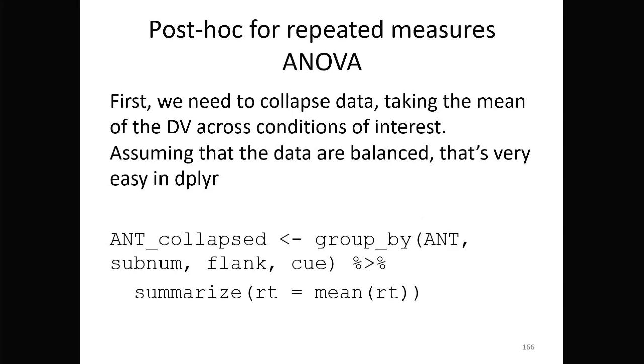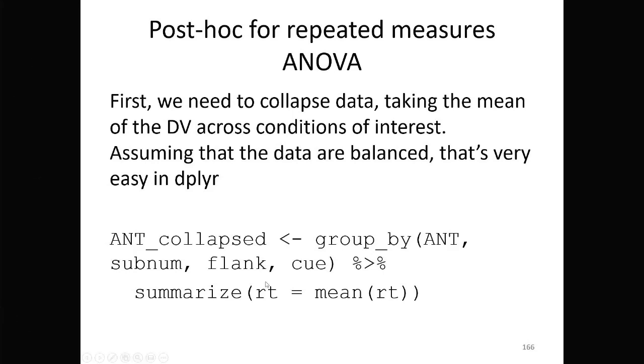If you remember, we had this attention network test data in which we had reaction times as a dependent variable, and a flanker and a Q that could have different levels. The data were perfectly balanced, so we don't need to care so much about how we take the average of those reaction times.